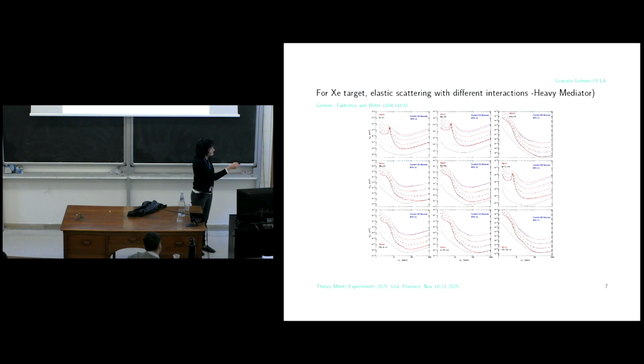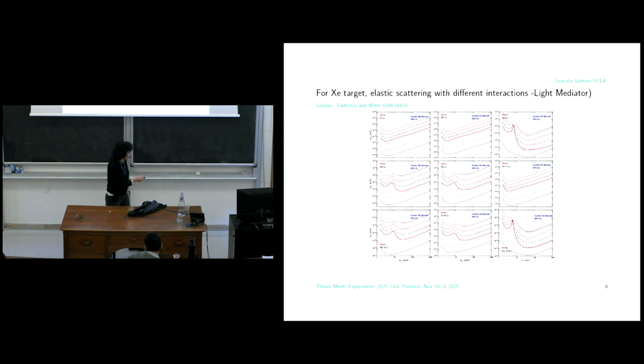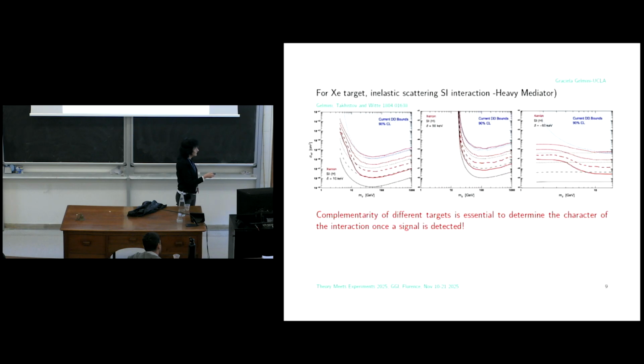In some of them, you are. These are for heavy mediators. For light mediators, you are at the other end of this. You are really disfavored, and so you do improve, but the cost is quite a bit of this background.